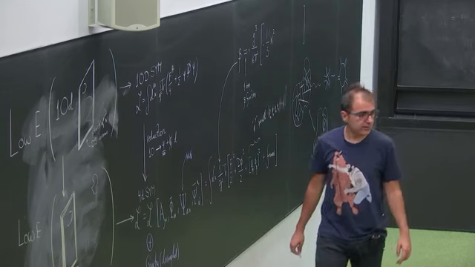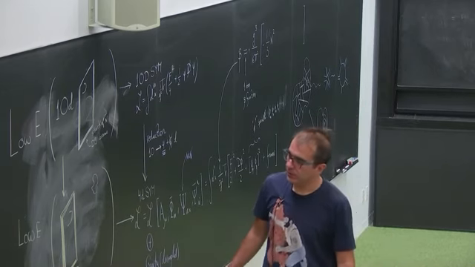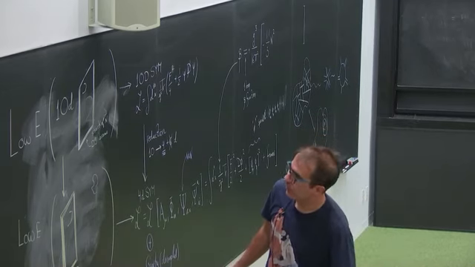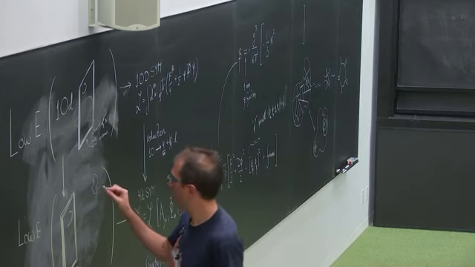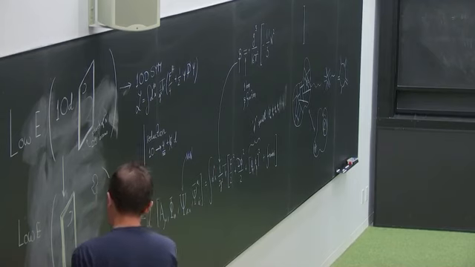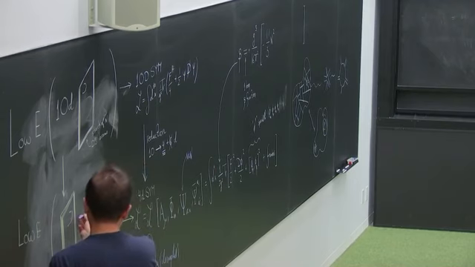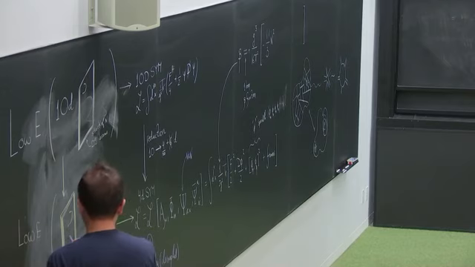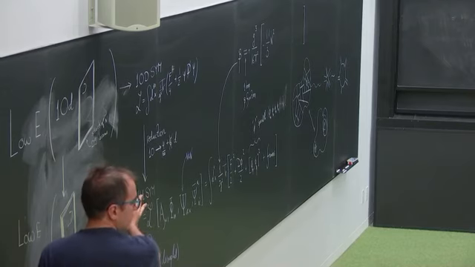Pedro, yes? Your string on the second set, can that open string venture into the sixth dimension? No, the other. This one here? Yeah. Can it go off the brane? Yeah, it can point off the brane. And if it does, it's a scalar excitation. If it stays on the brane, it's a gluon excitation.